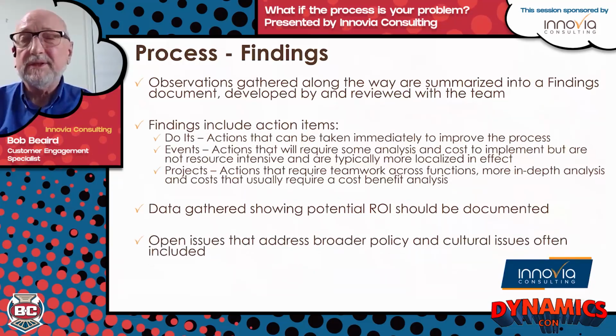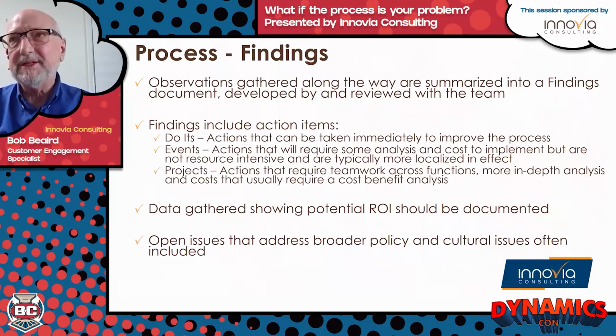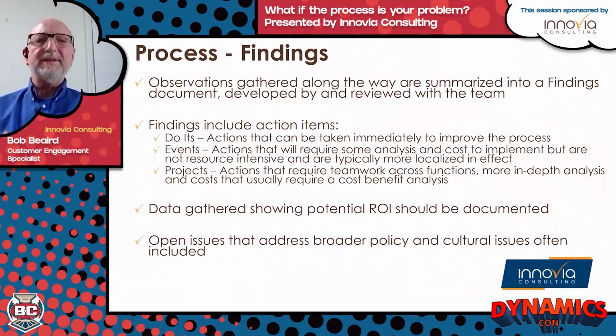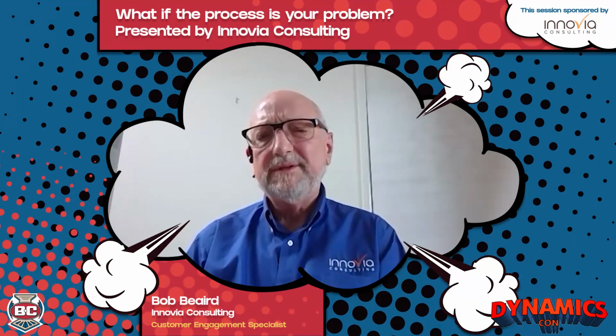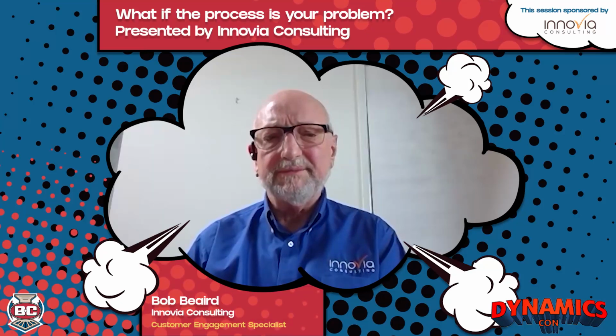Another thing that is often in a findings document is open issues. Things that aren't necessarily related specifically to the process you're mapping, but address broader policy and cultural issues. One example came from one of the teams I work with, in the process flow I showed you earlier.